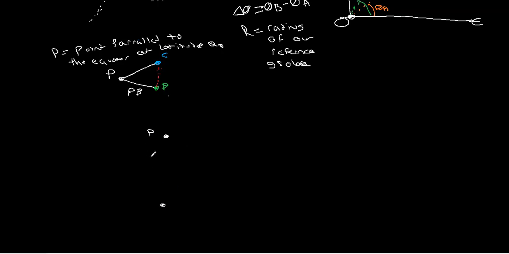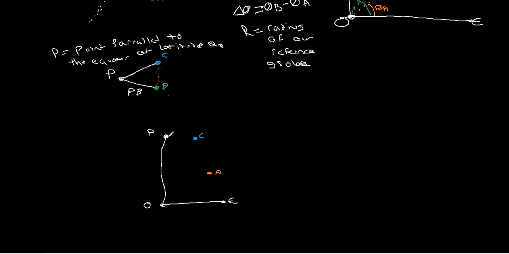So this is P, this is O. This is that north-south axis that we have. This is our east-west axis that we have. This is E. So we have our point A here. More importantly, we have our point C here. Okay.